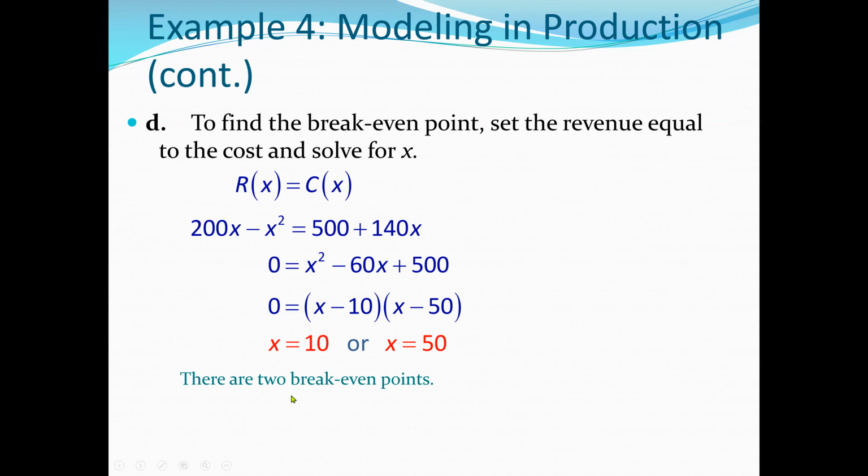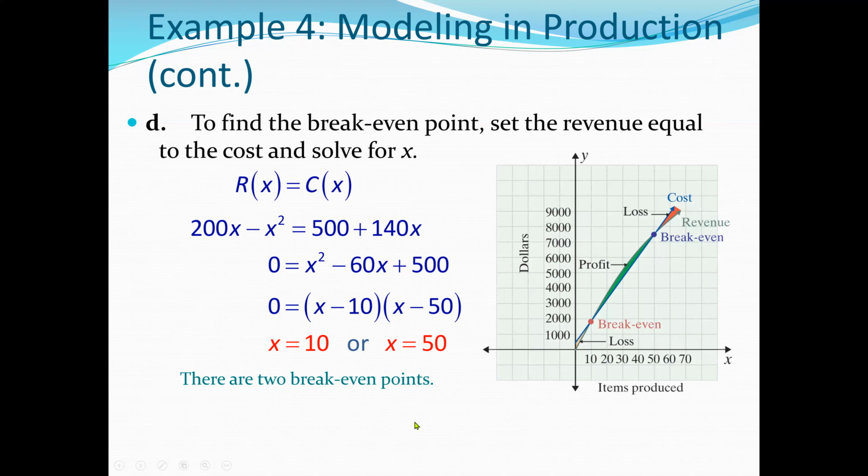So here we have two break-even points. If we sell 10 items, we have a break-even point. If we sell 50 items, also we have a break-even point. So we can see the equation, two break-even points with the cost and revenue functions.